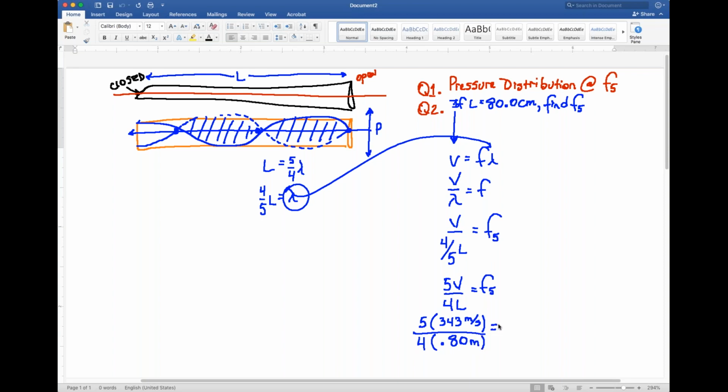So I get 5 times 343 divided by 4 times 0.8. I'll need to grab a calculator to do that expediently, so I'll let you get ahead of me there.